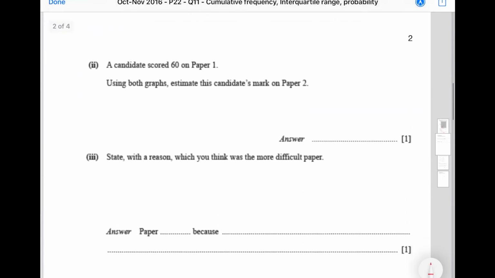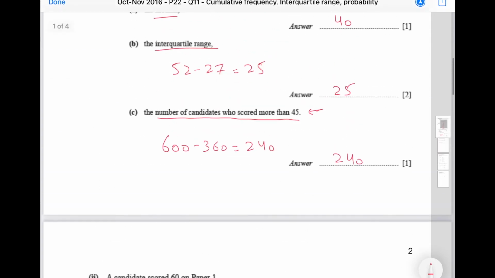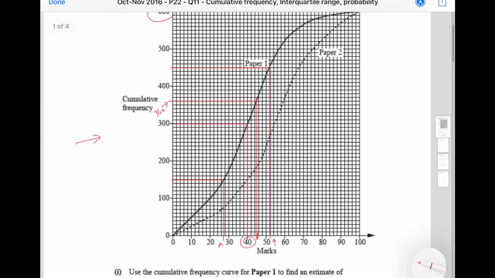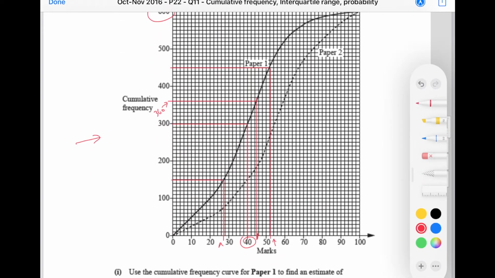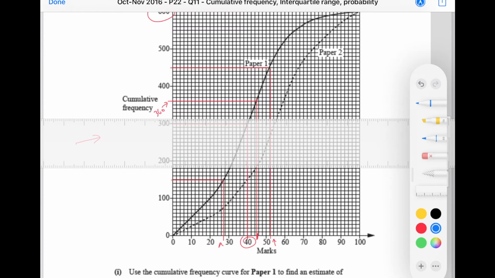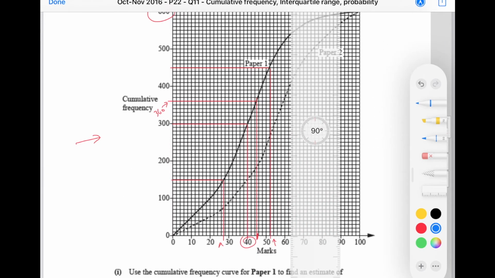The next part says a candidate scored 60 on paper 1. Using both graphs, estimate this candidate's marks on paper 2. What we have to do over here is, since he scored 60 marks, so first of all, let's do this in blue. If he scored 60 marks, it is supposed to be on this vertical line over here.